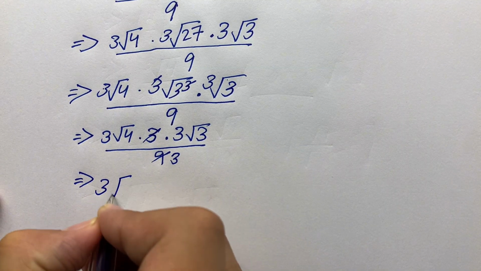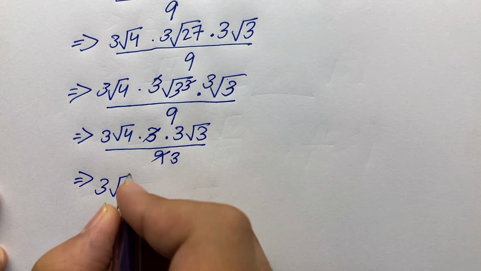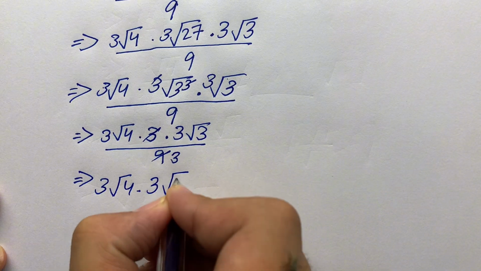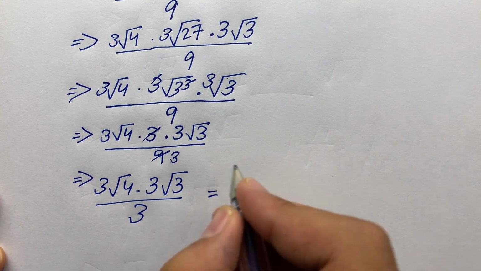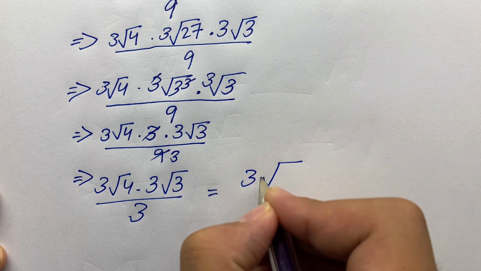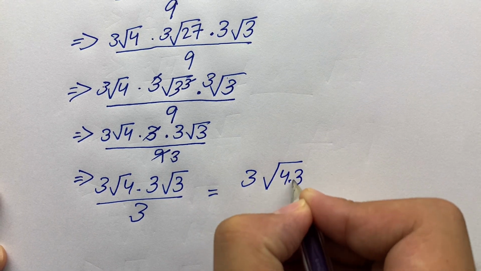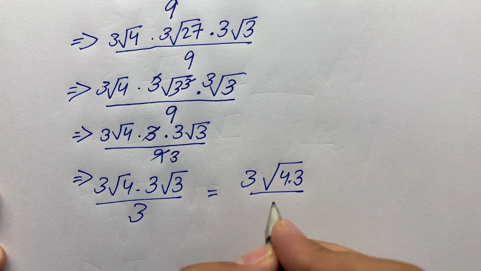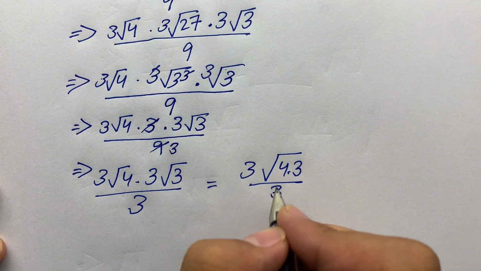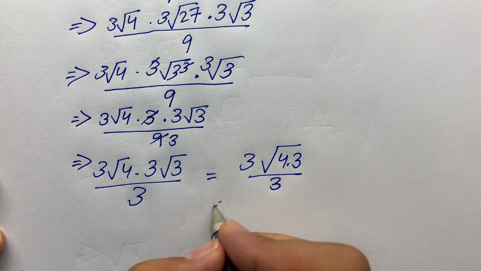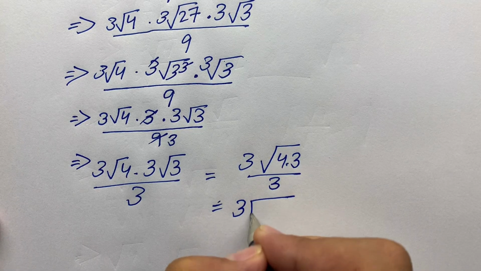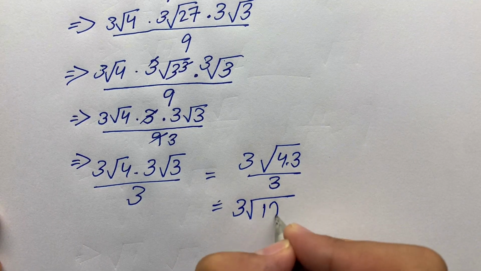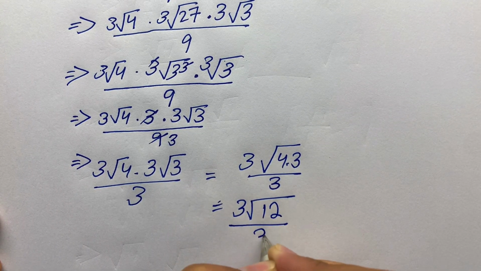3 into under root of 4 into 3 into under root of 3 divided by 3 is equal to 3 into under root of 4 into 3 divided by 3. So that's equal to 3 into under root of 4 into 3 is 12 divided by 3.